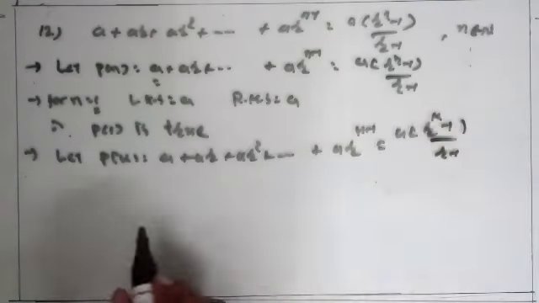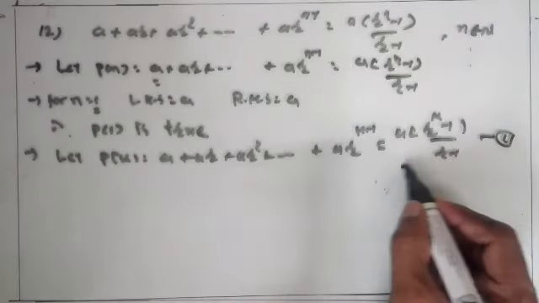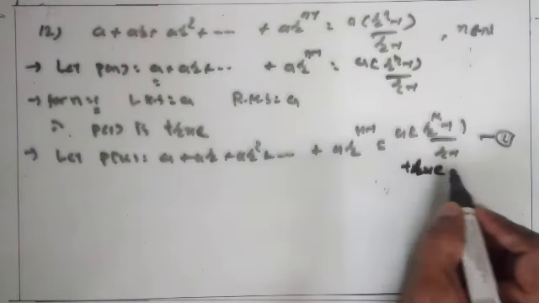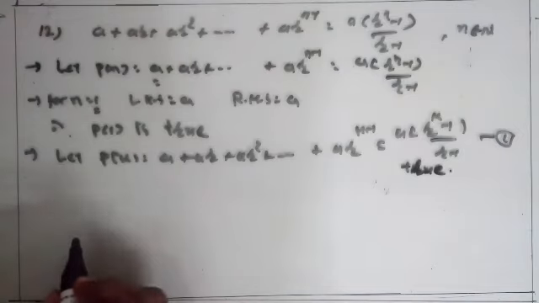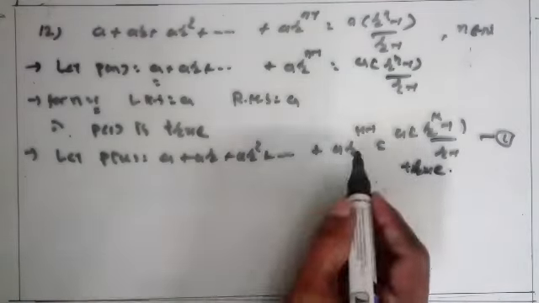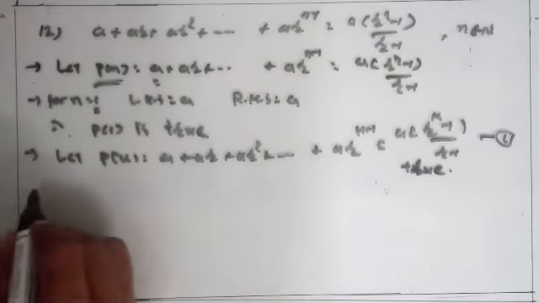Clear? Take this as result number 1. Suppose Pk is true. Now using this result, we prove Pn is true for n is equal to k + 1.